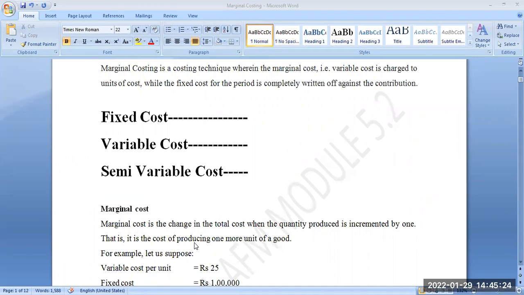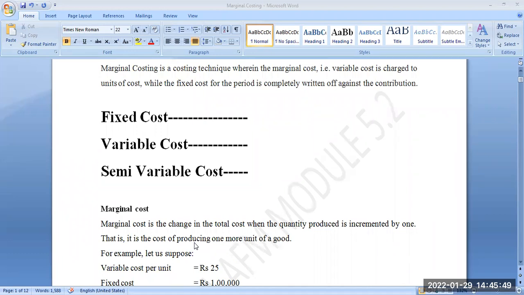Now we are talking about it from the manufacturing perspective. We have a lot of things to spend on: material cost, labor cost, and direct expense cost. Among these three, we are classifying them into fixed, variable, and semi-variable.